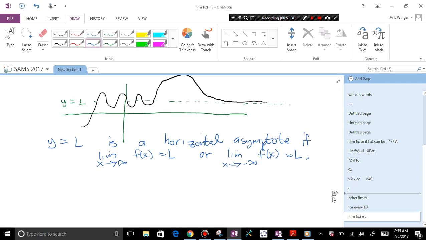That means exactly what we said in pre-calculus, that as you move all the way to the right, you're getting closer and closer to this number L, or as you're moving all the way to the left, you're getting closer and closer to this number L.